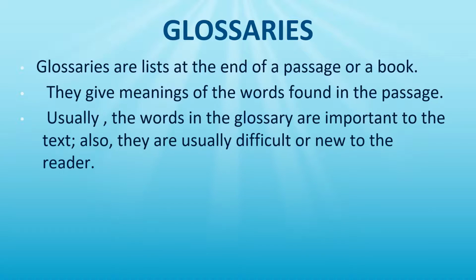Like glossary is new to you. So, I'm explaining you the meaning of glossary first. Right? And then we are reading about glossaries. Similarly, what glossary tells us is that this word is important to you and this word is new to you, so they tell us the meaning of the new words with the help of glossaries.